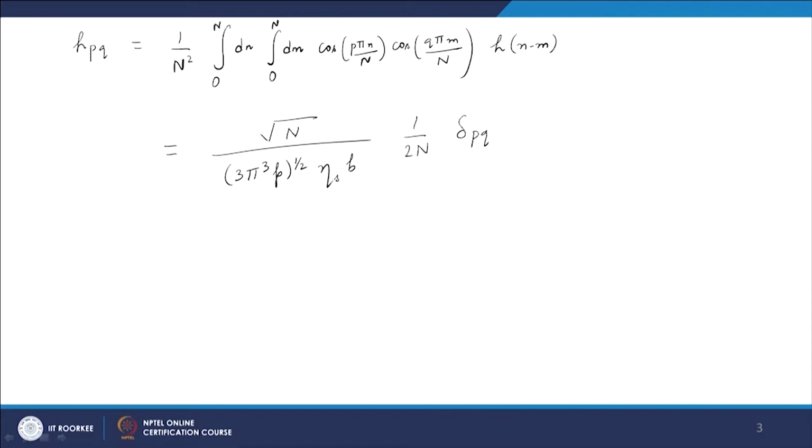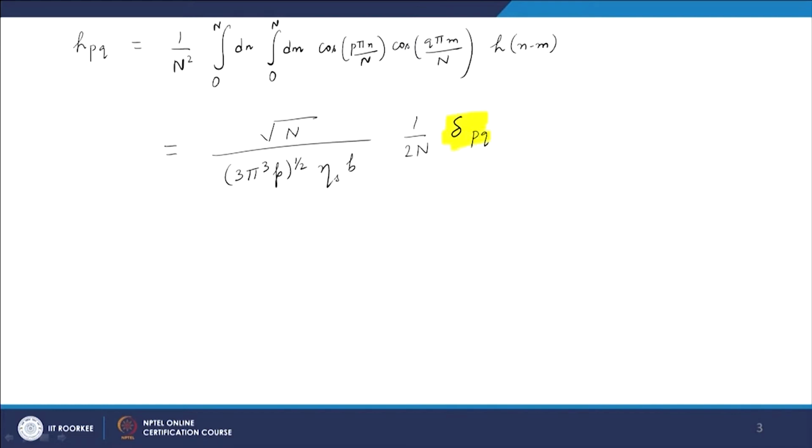We get something like this, which is a diagonal matrix because of the presence of the term right here. So, H_pq is a diagonal matrix, and this entire term except the Kronecker delta, I can write like some H_pp because it is a function of p alone, not q.